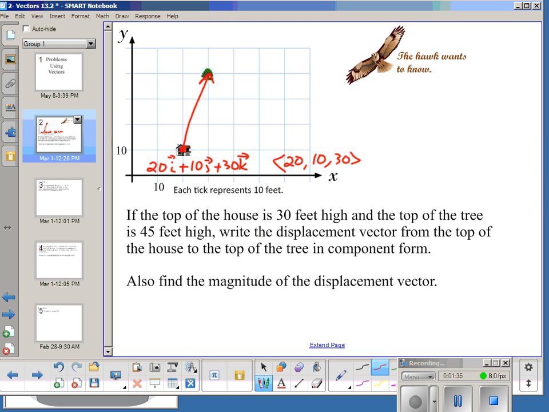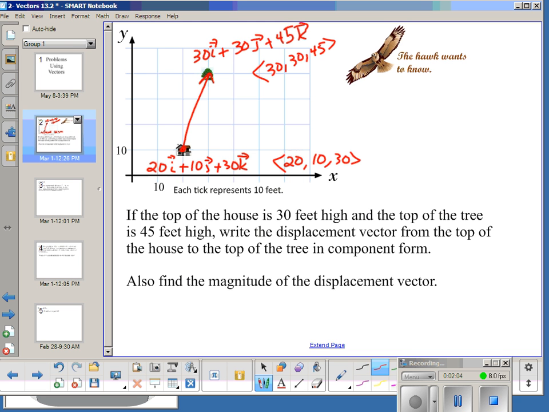And then the top of the tree, if we think about the position vector itself to there, it would be 30i plus 30j, and it's up 45 feet, so 45k, which in much quicker notation is 30, 30, 45. So those are the position vectors.